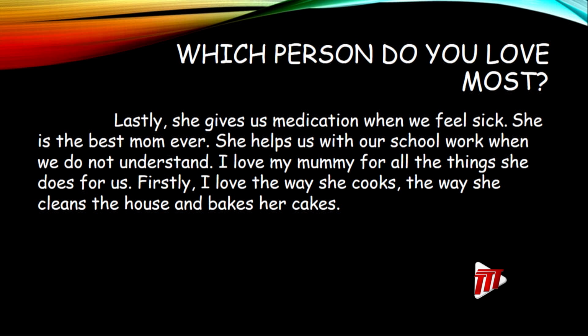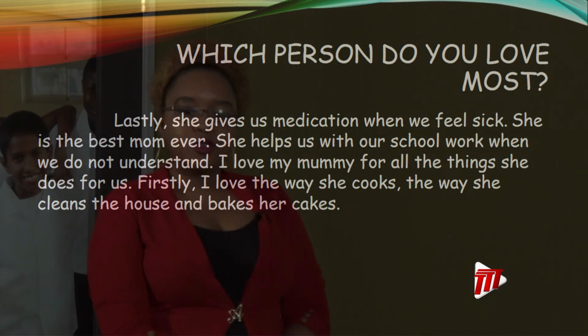She is the best mom ever. She helps us with our schoolwork when we do not understand. I love my mommy for all the things she does for us. Firstly, I love the way she cooks, the way she cleans the house and bakes her cake. So let's try to unscramble this paragraph.